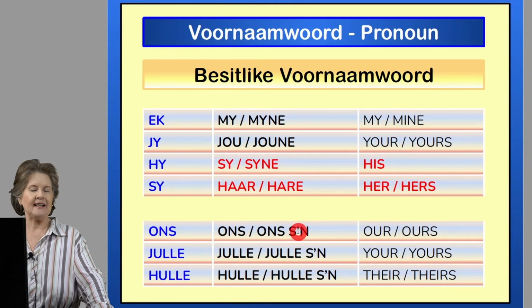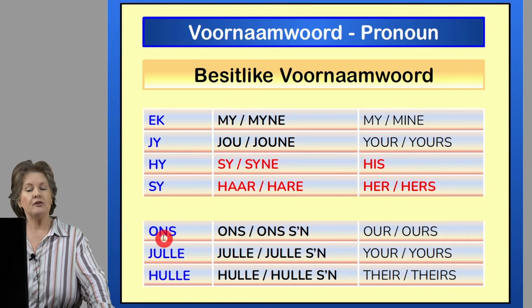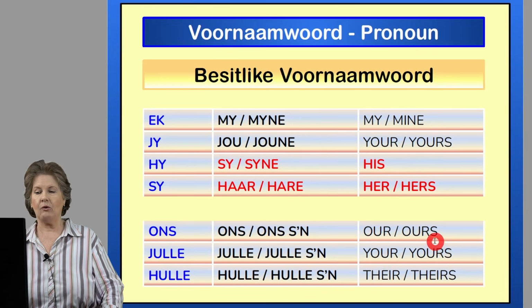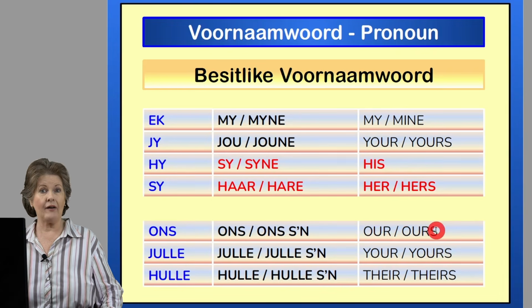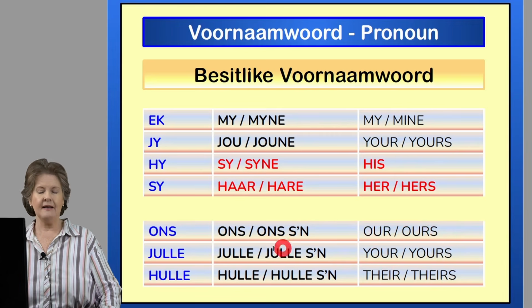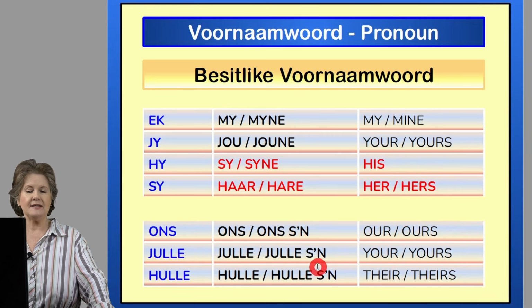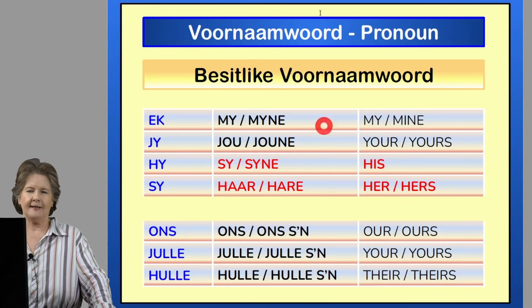So you just learn the two possessive pronouns for ons, which are ons and ons s'n, our and ours. Remember the S of ours, it's that s'n. And more than one person, second person, is julle and julle s'n, and then they is hulle and hulle s'n.